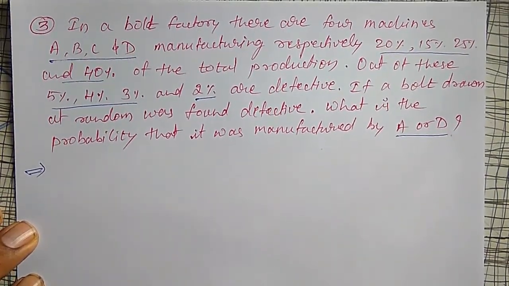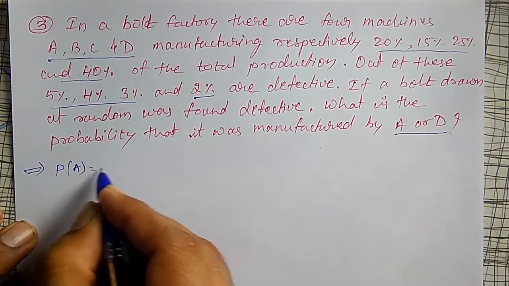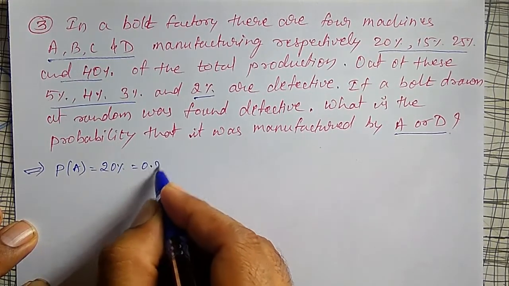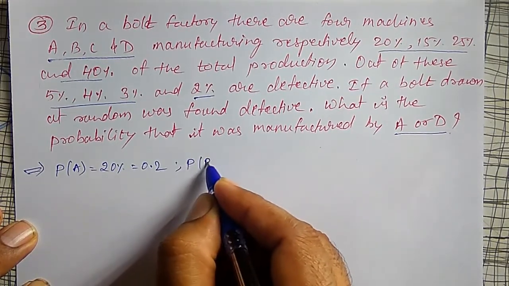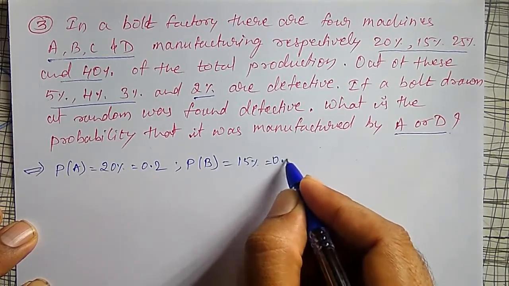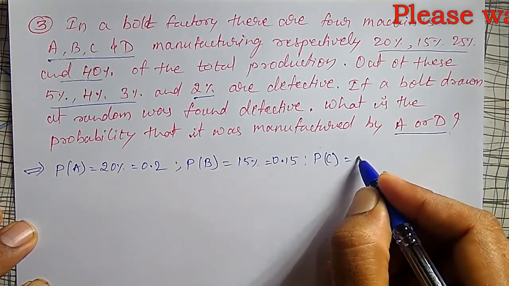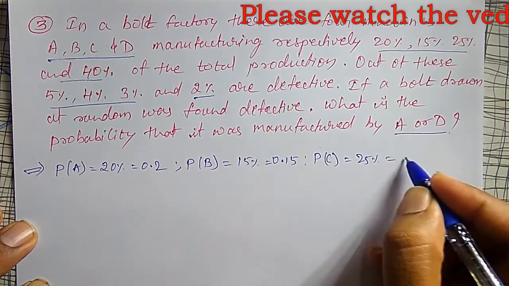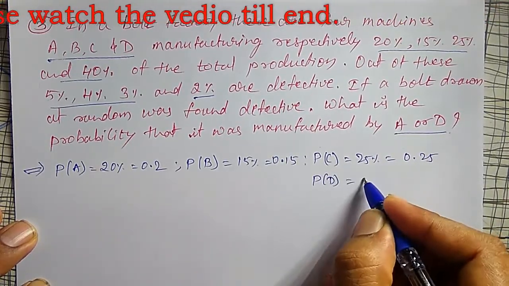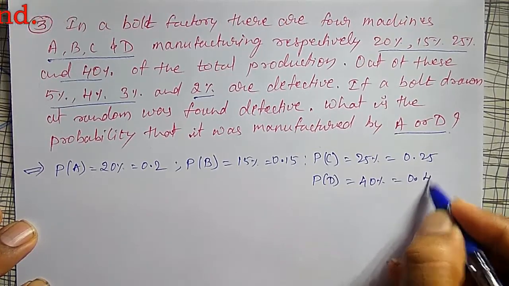First of all, given probability of A is equal to 20%, that is 0.2, probability of B 15%, that is 0.15, probability of C 25%, that is 0.25, and probability of D 40%, equal to 0.4.